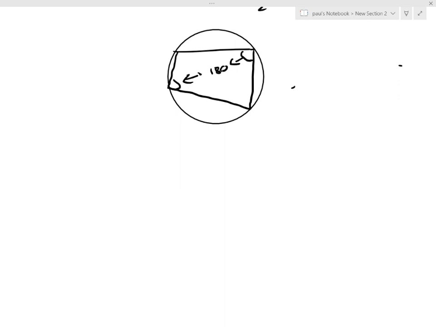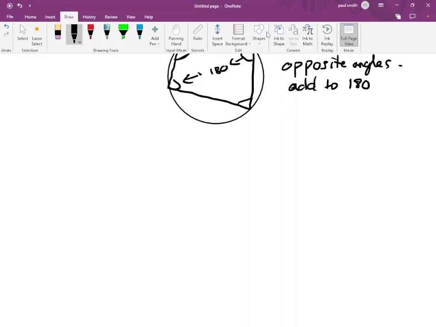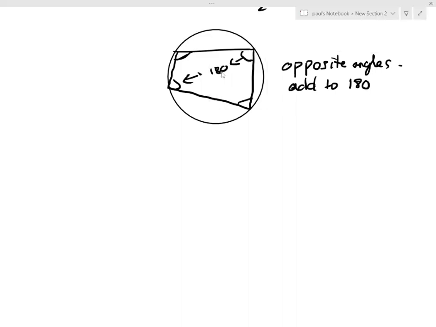And so these two add to 180 and these two also add to 180. So in a four-sided shape, a cyclic quadrilateral, because it's inside a circle, opposite angles add to 180 degrees.